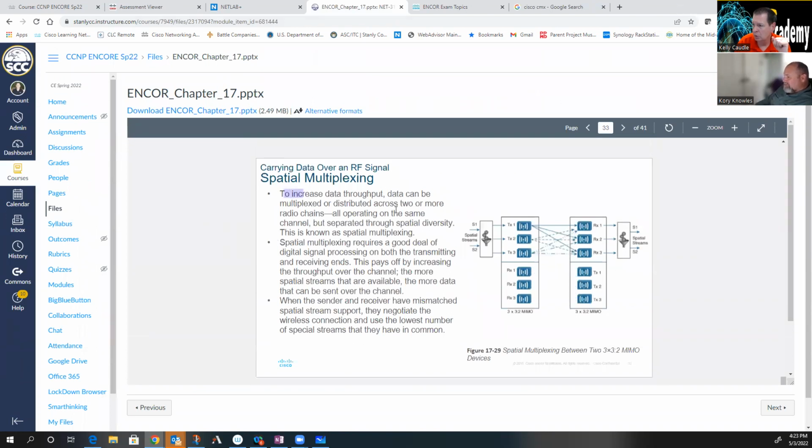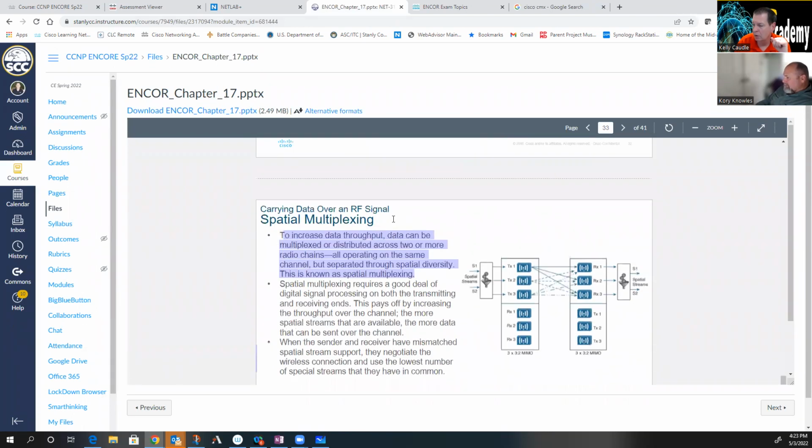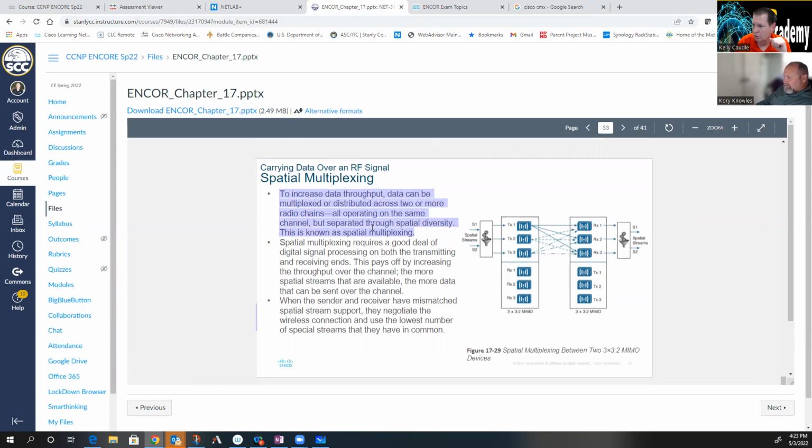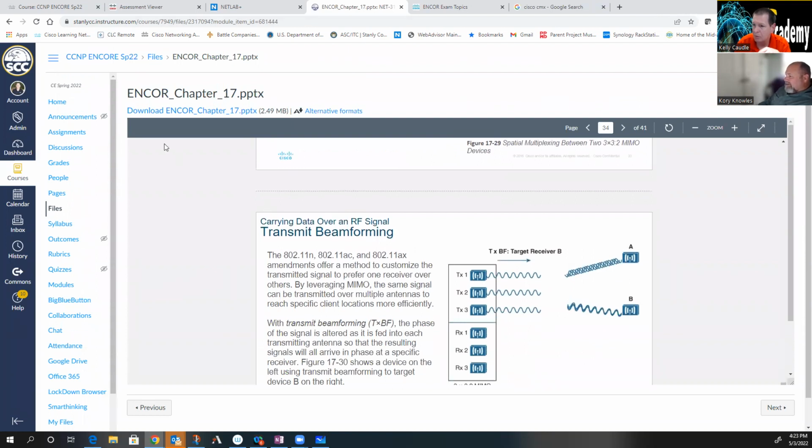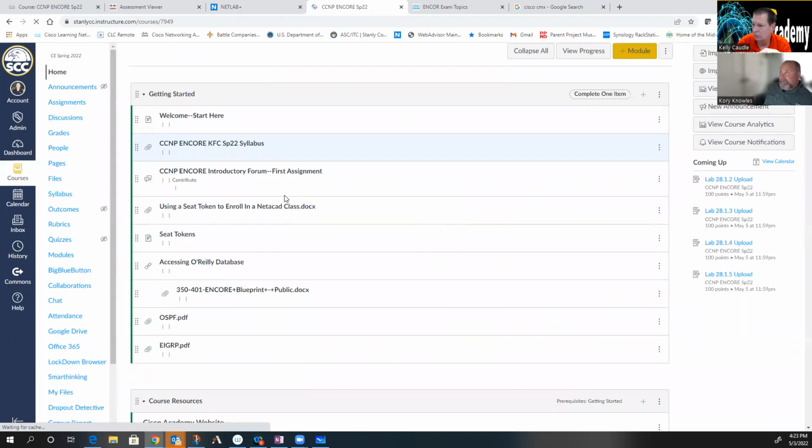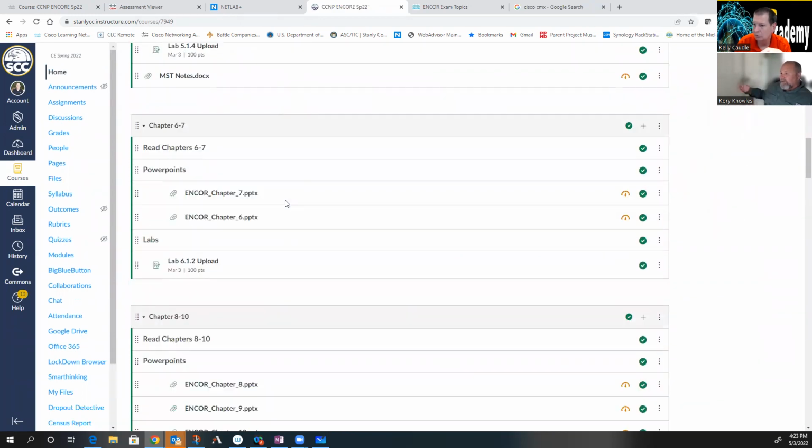The spatial multiplexing was a question that came up on the chapter exam, talking about using multiple channels, just multiplexing across multiple channels. Operate on the same channel, but across multiple chains, radio chains. Yeah, I always wondered how they increased the throughput on the newer standards.